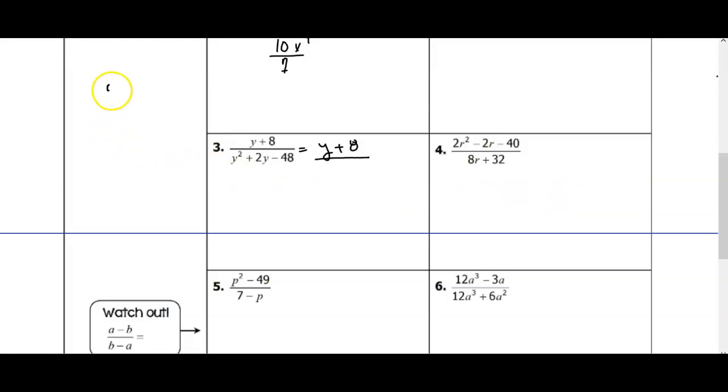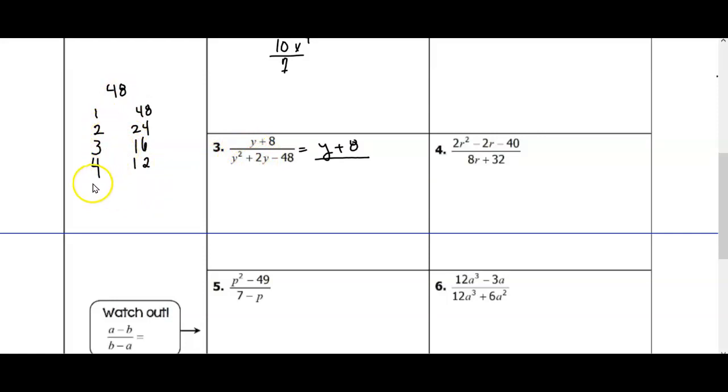So if you remember, we can take 48 to the side, and we can list all the factors of 48. 1 and 48, that doesn't work. 2 and 24. Okay, and then 3 and 16. And 4 and 12. Still not the difference of 2.